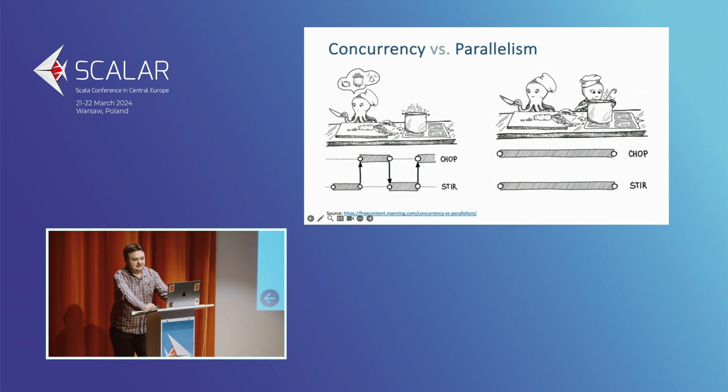So parallelism is actual execution in parallel, and we have that on the JVM, and it's why things break, because we have shared memory concurrency, so to speak. So missing from these nice images here is the synchronization step, because if you chop vegetables at some point, you have to put them in the pot, right?